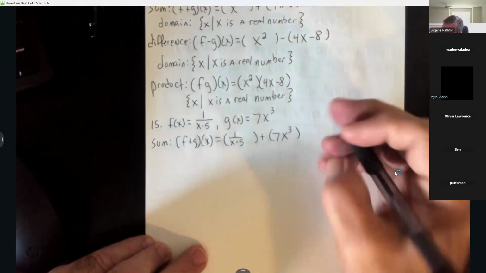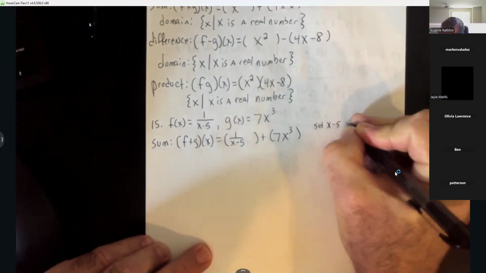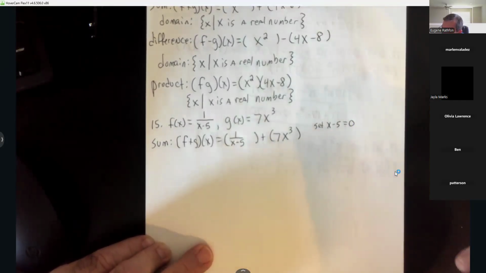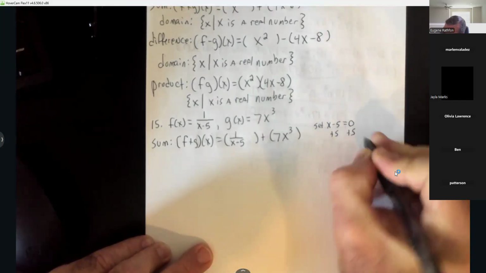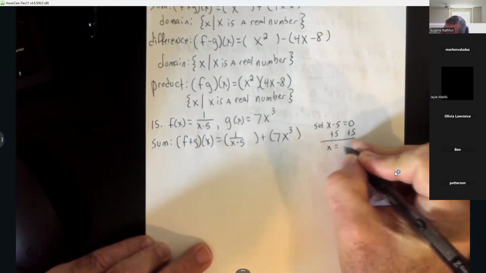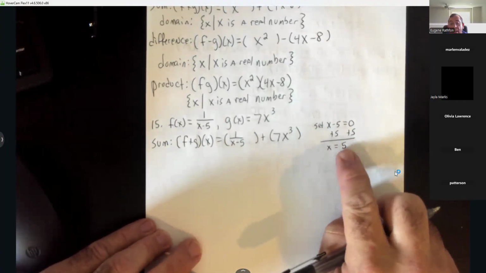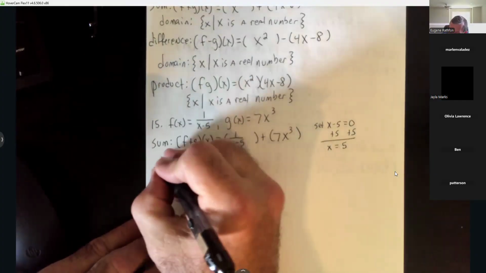So since I got a fraction, remember, I would set x minus 5 equal to 0 and solve that. So what are we going to do? Looks like add 5 to both sides, and you get x is a positive 5. That means we will kick that 5 out of our domain.